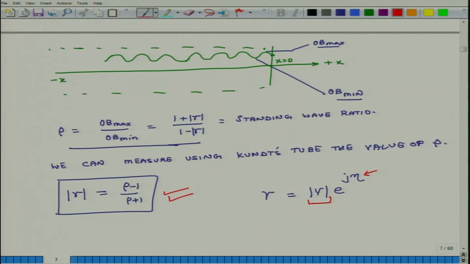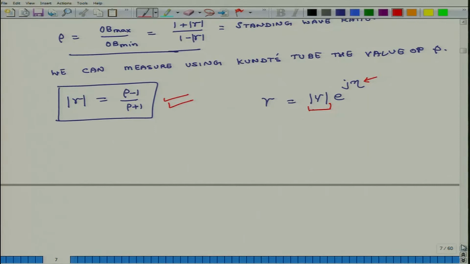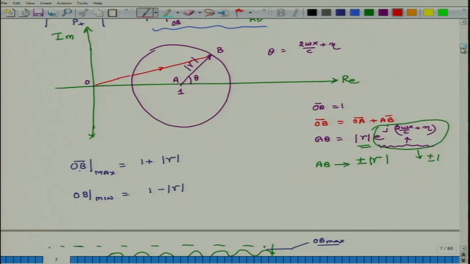Okay. Now, we will figure out how to compute eta. So, our next step is computation of eta, that is phase of gamma.